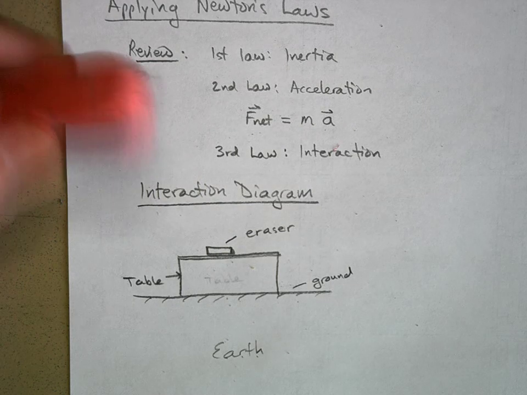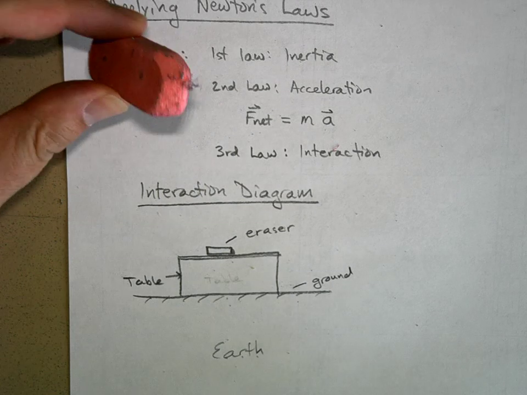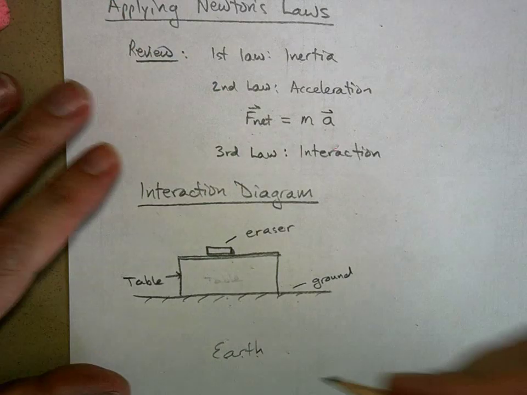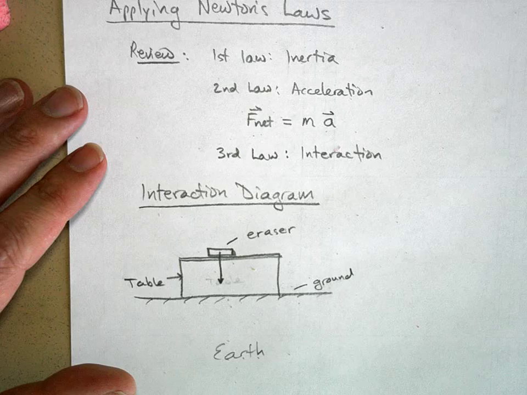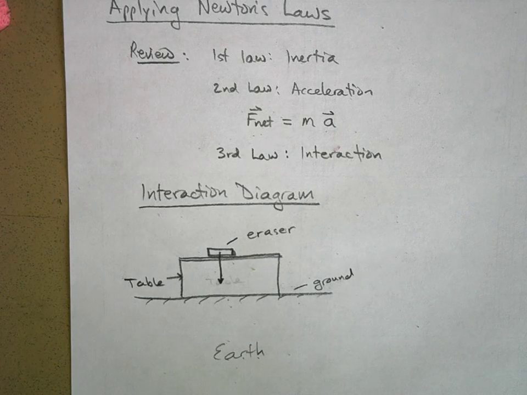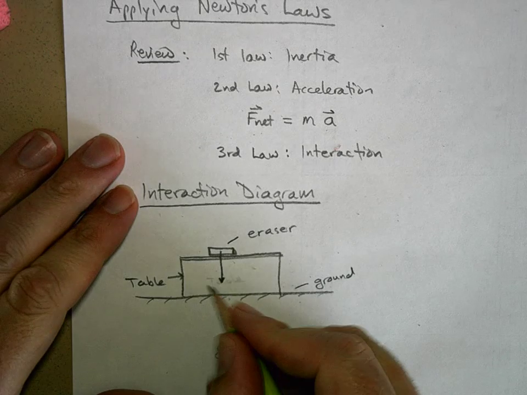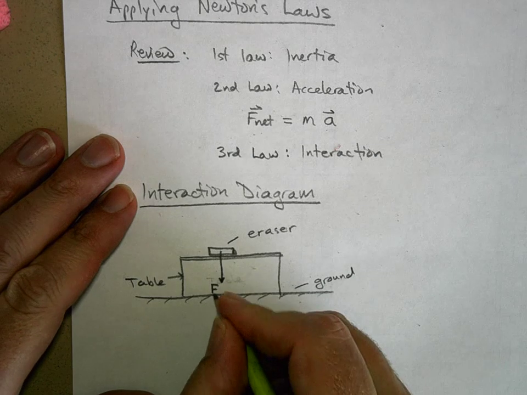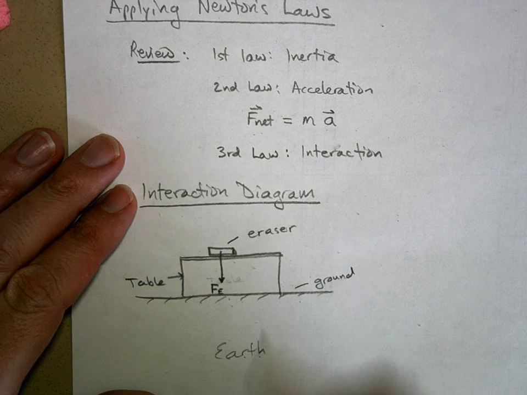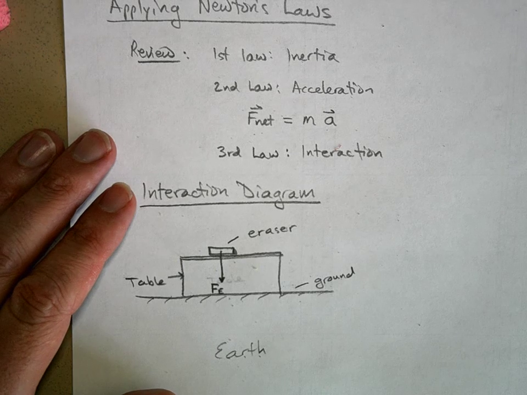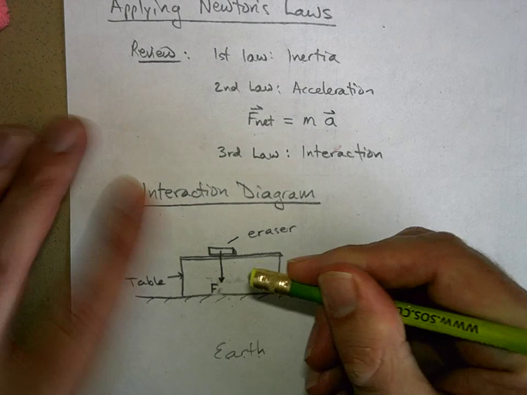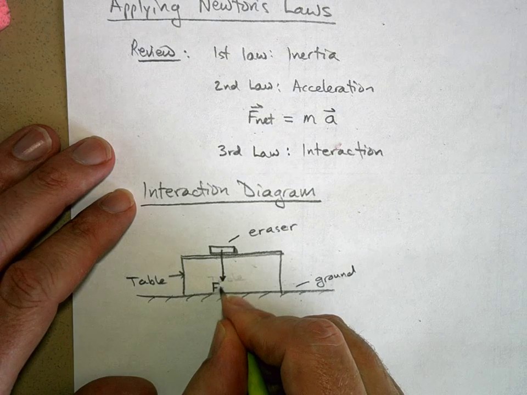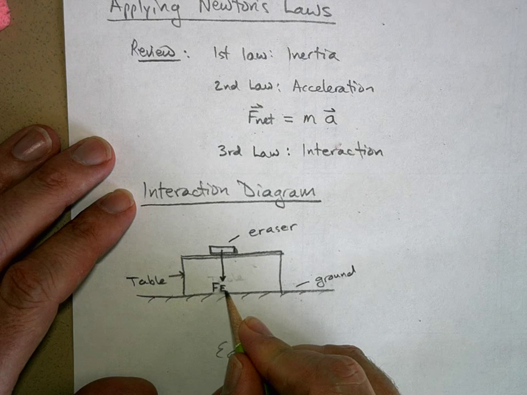Right here before your eyes, the eraser is interacting with the Earth, so I'm going to draw an arrow representing the force of the Earth pulling down on the eraser. I'll put capital E for Earth and lowercase e for eraser.